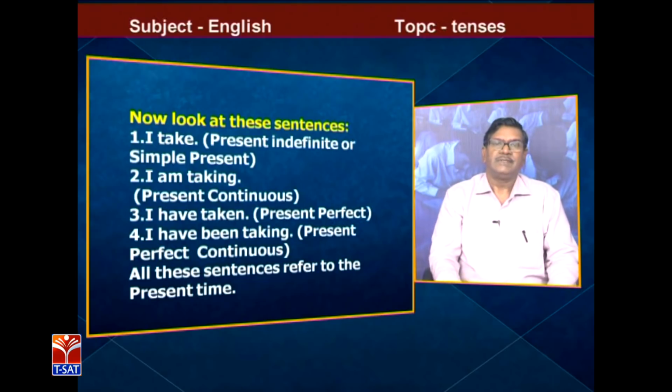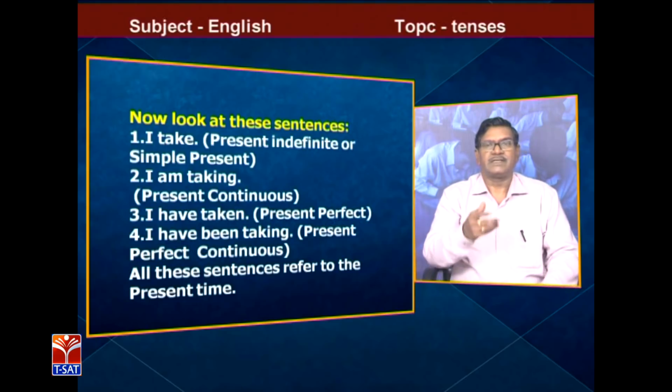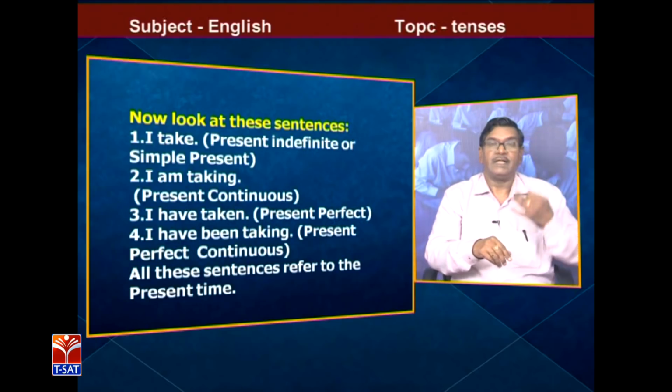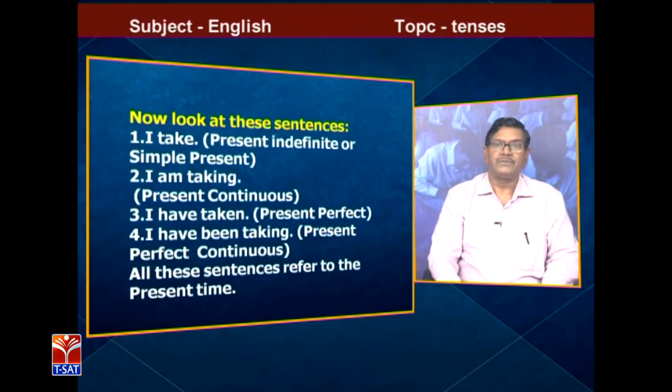So, in present tense, there are 4 kinds of tenses. What are they? Present indefinite or simple present, present continuous, present perfect and present perfect continuous. These are all the tenses which refer to the present time.